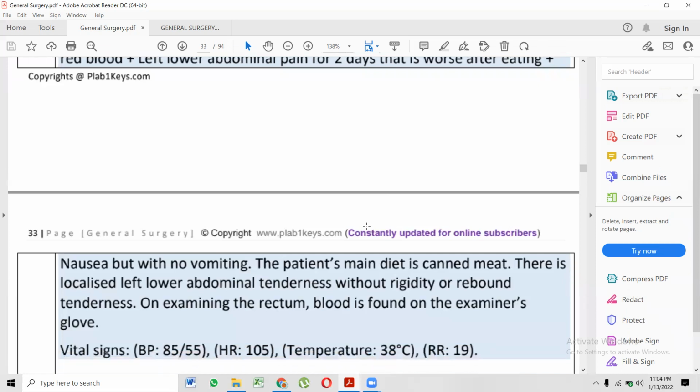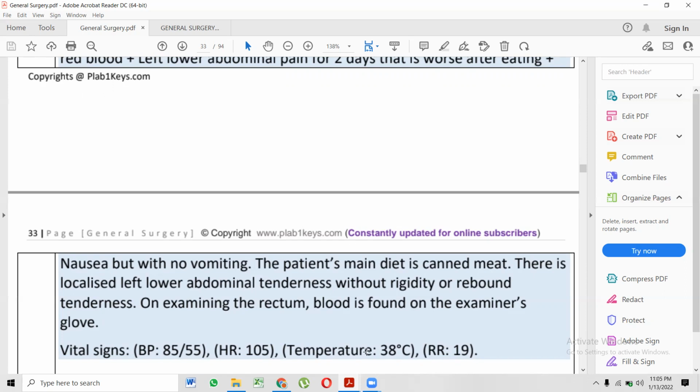Let's give you some more hints. Vital signs are BP 85 by 55, heart rate 105, and temperature 38. Now what is your diagnosis? Is it colorectal carcinoma or diverticulitis?